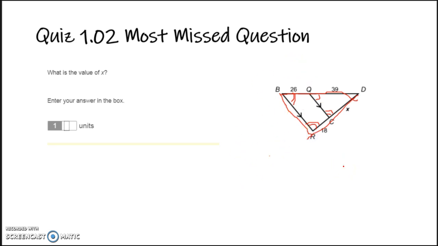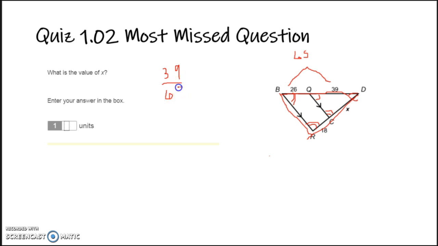Therefore, there should be a proportion here that is true, which is that 39, the length of DQ there, should be proportional to the side DB, the corresponding side in the larger triangle. Well, the side DB is 39 plus 26, so it's going to be 65. So 39 should be to 65.